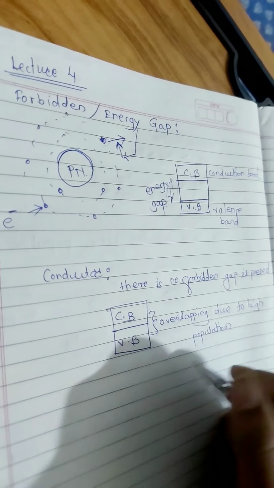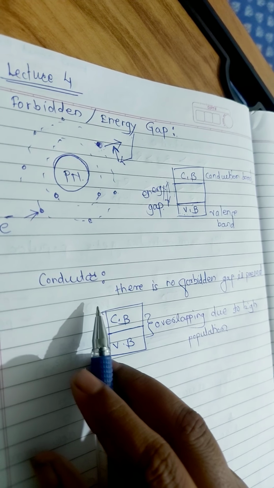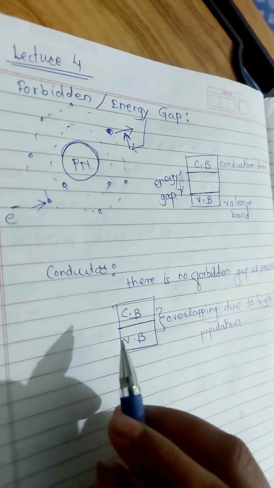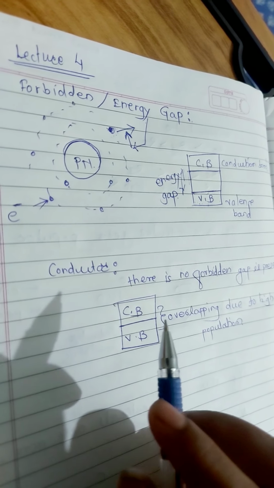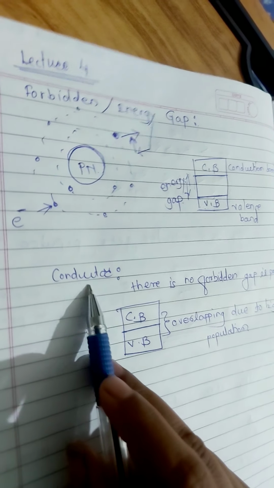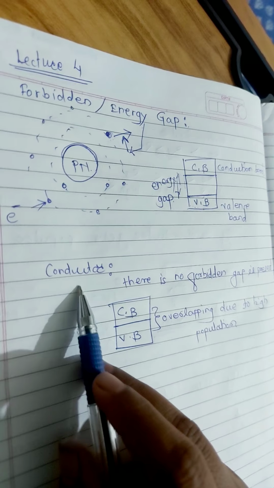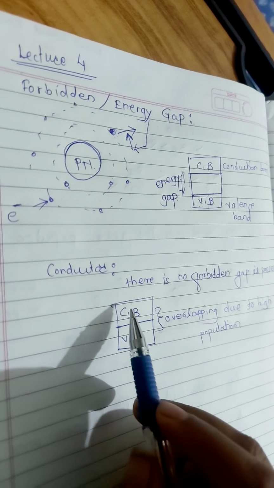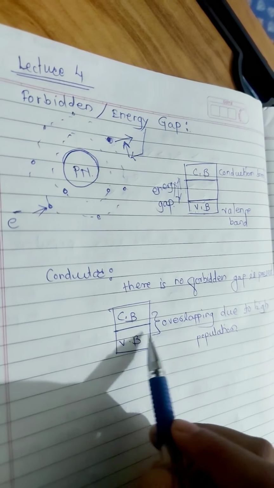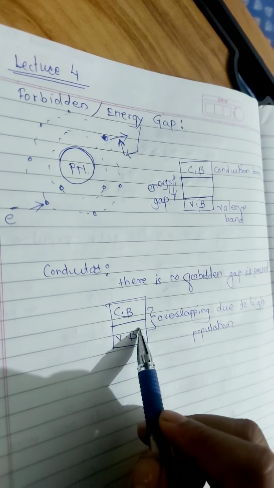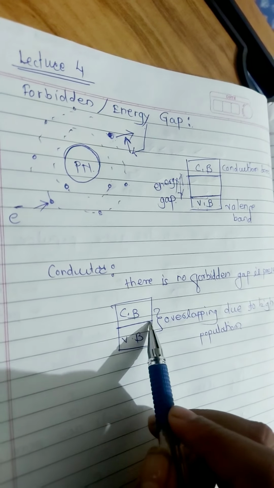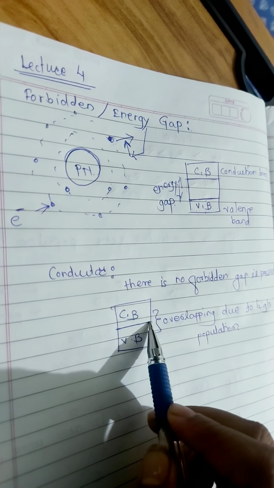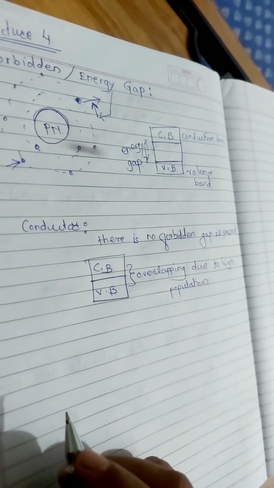As we have seen in the last lecture, with city A, city B, city C, the conductor has the more population, which means it has more electrons. That's why there is no energy gap between the valence band and the conduction band. They completely overlap each other, so no energy is required to fill this energy gap. Okay, this is about the conductor.